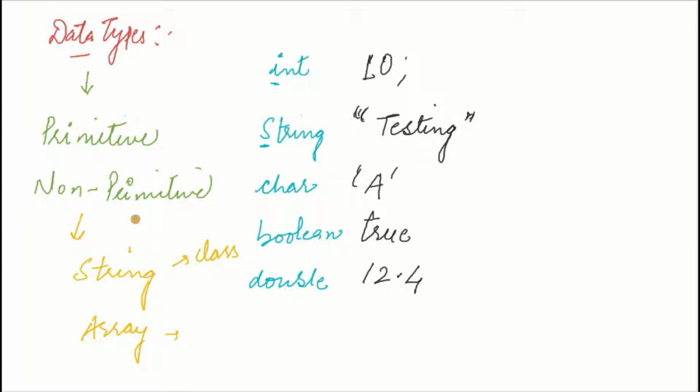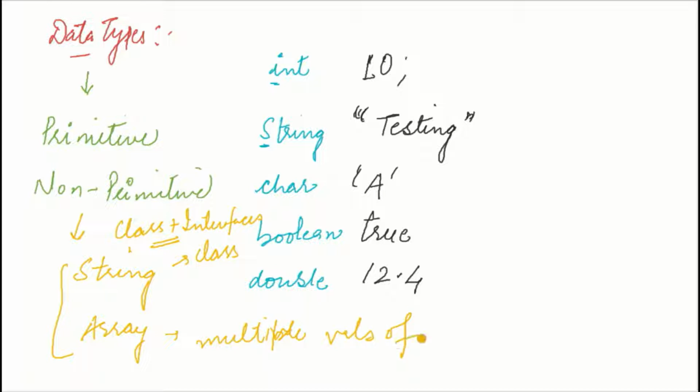So under the non-primitive part, we consider classes and interfaces, which can store multiple values of similar data type. And in the primitive, we can store just one single value.